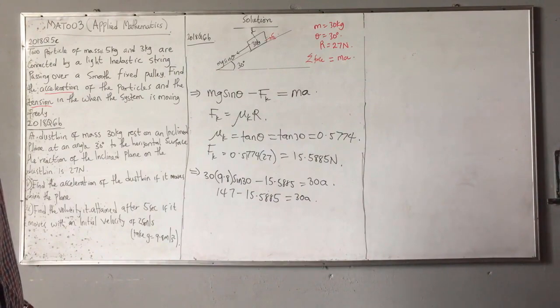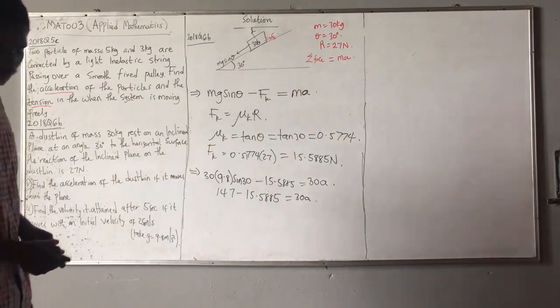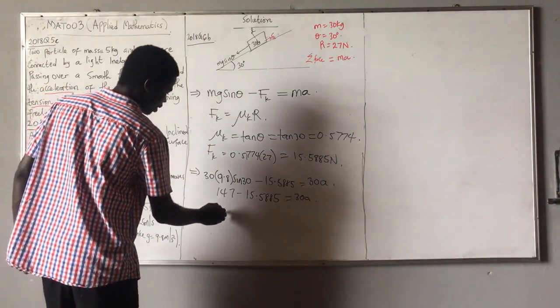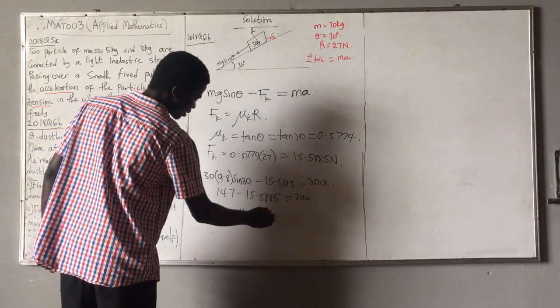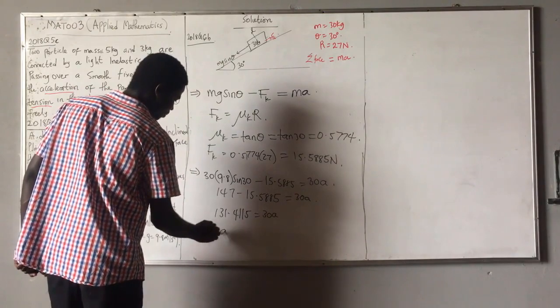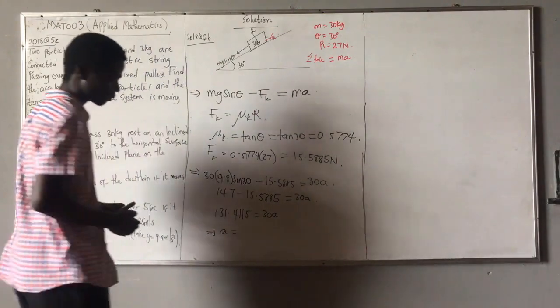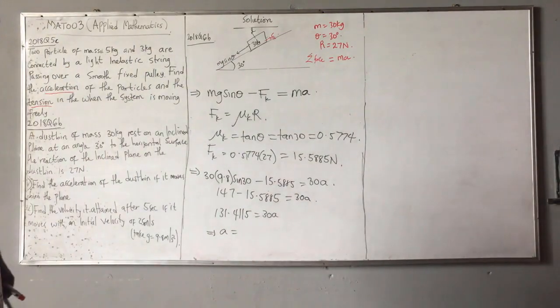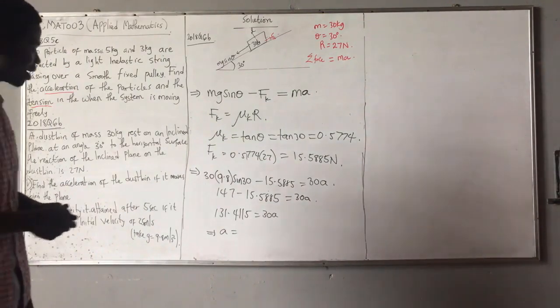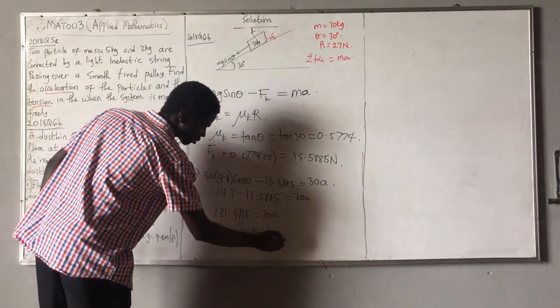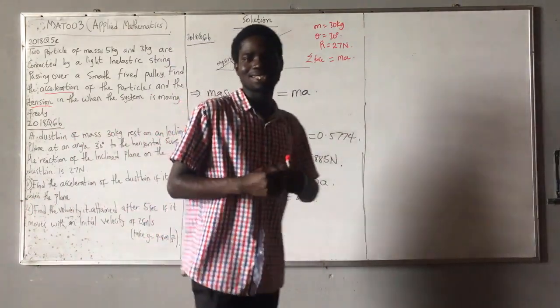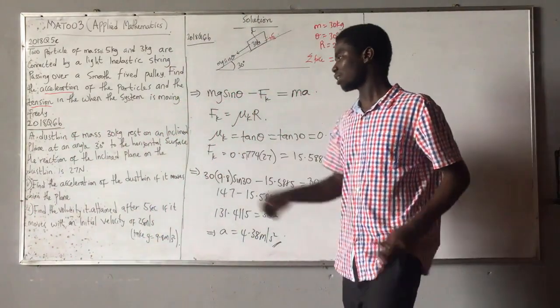The answer is 131.4115 equal 30a. Divide both sides by 30. We have a equal 4.38. So 4.38 meter per second square. That is the acceleration we have to find.